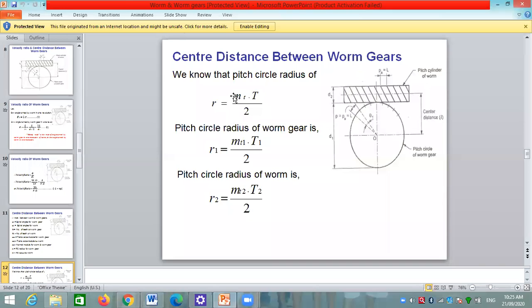We know that we can write radius in terms of module and number of teeth, where R is equal to M into T divided by 2, means transverse module into number of teeth divided by 2 is equal to the radius of the gear.